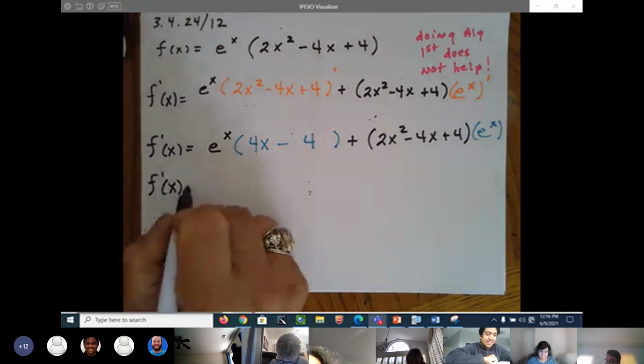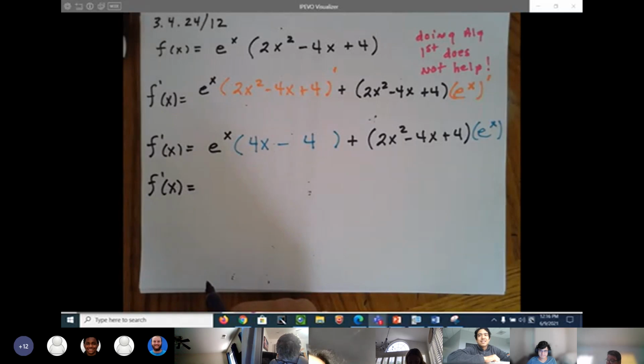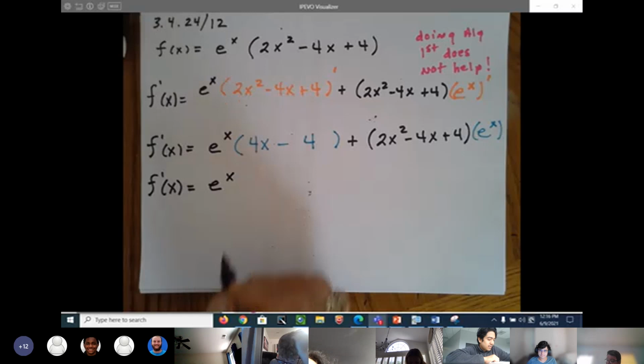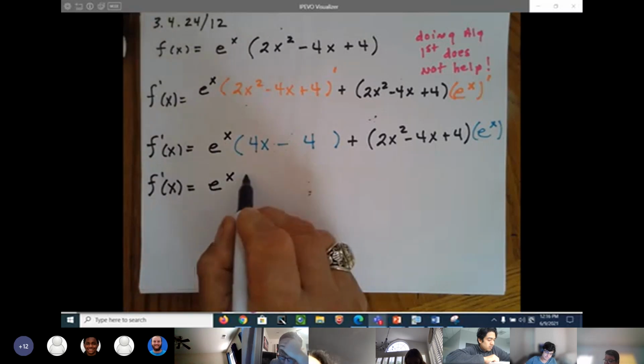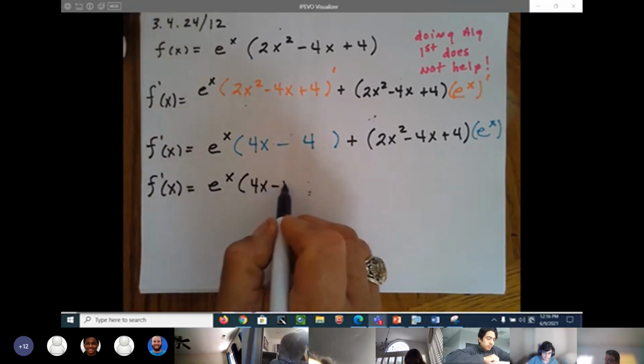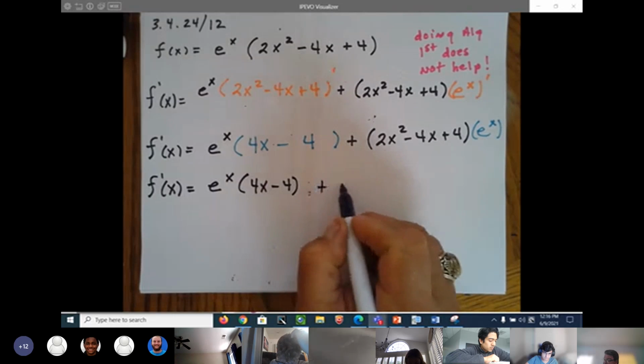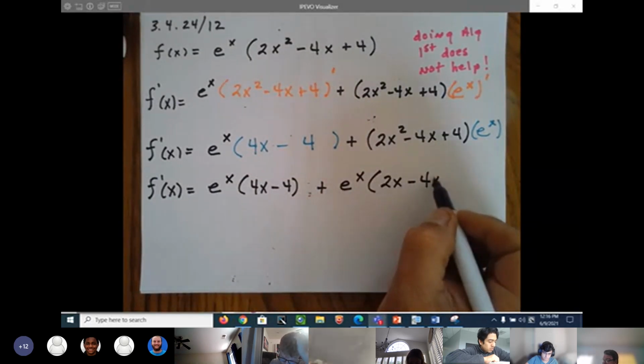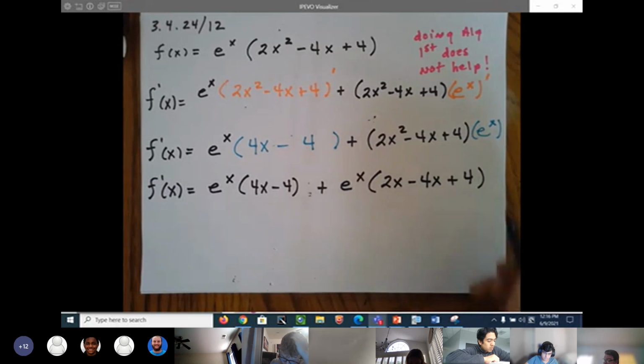F prime of x is equal to e to the x times, I'm going to write everything in black now, 4x minus 4, plus e to the x times 2x squared minus 4x plus 4.